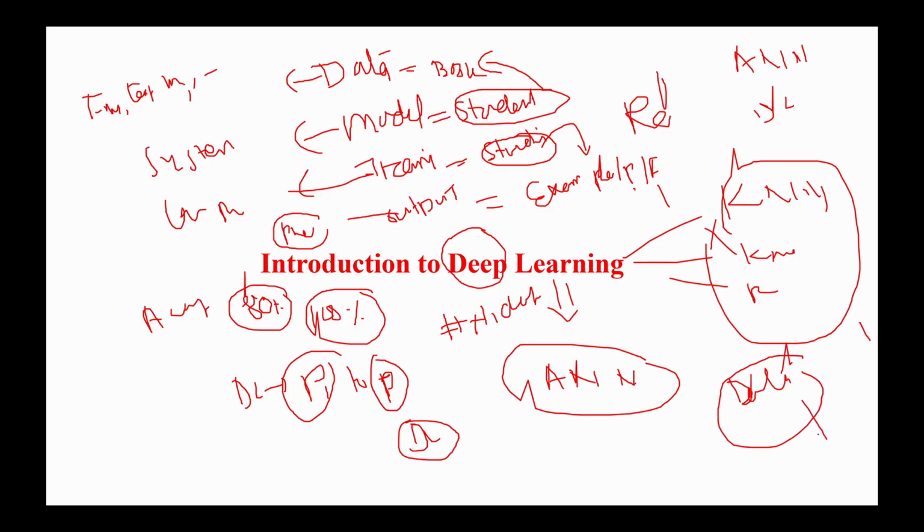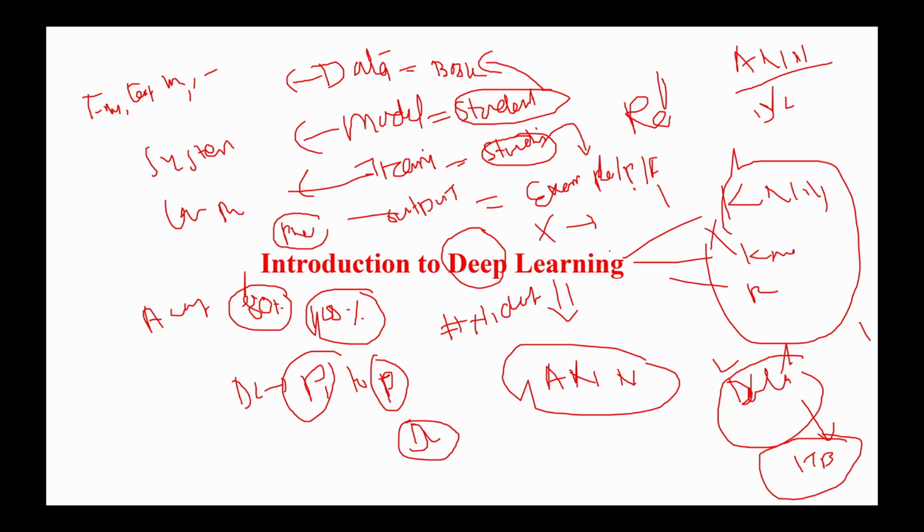If data is very high, like 1 terabyte or more terabytes of data, then deep learning will perform well. If there is less data, like whatever I discussed today, 10, 20, 200 data, if you perform deep learning it will give a result, but it may not be accurate. For that, the artificial neural network may give the result.